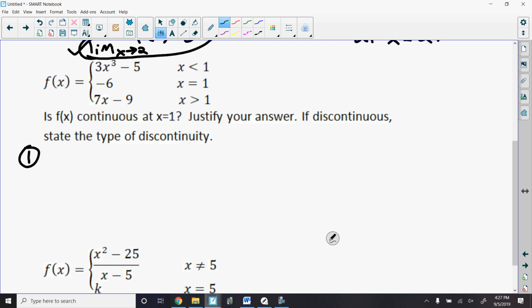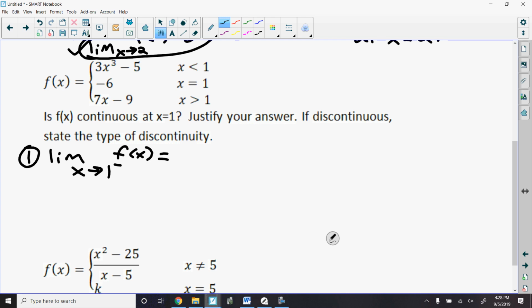Step one, I need to figure out the limit as x goes to 1. Well, because I have a piecewise that splits at 1, I need to check a left-hand limit at 1 and a right-hand limit at 1. I say the limit as x goes to 1 minus of f of x equals, and again, think, which function am I going to plug into for the left-hand limit?